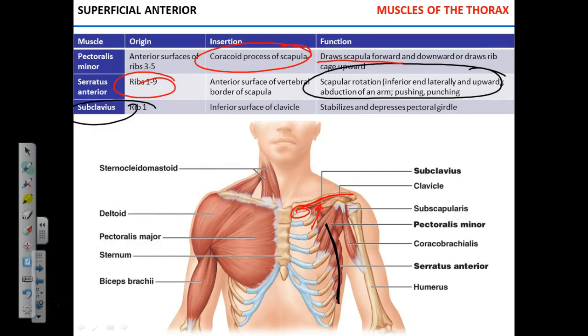So that subscapularis, can you see it here? It is located in the subscapular fossa, the anterior subscapular fossa of the scapula. I don't have bones here, so I can't really show you.